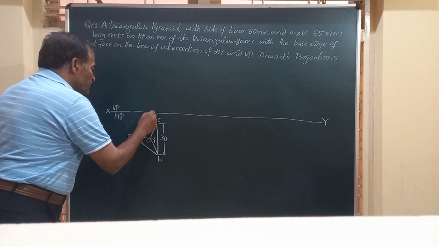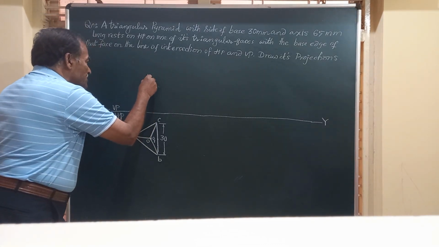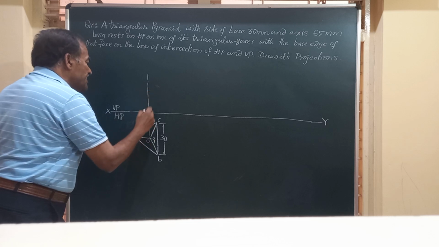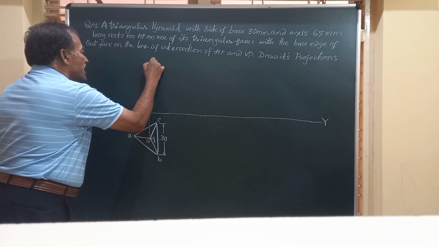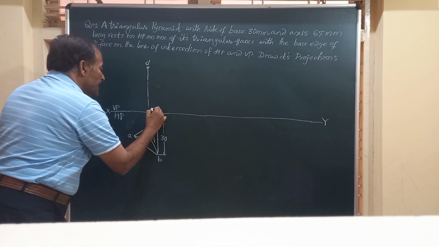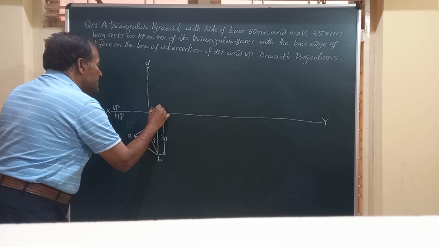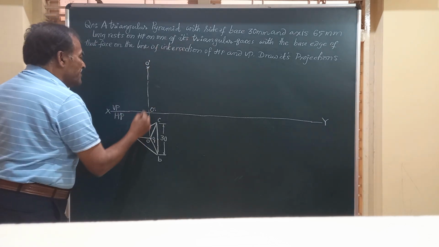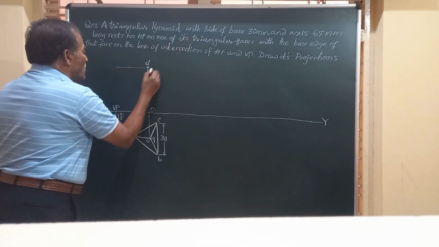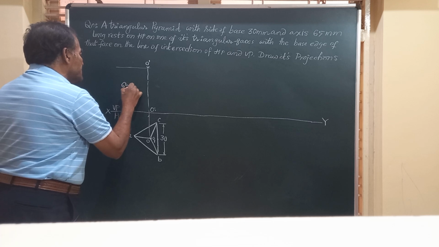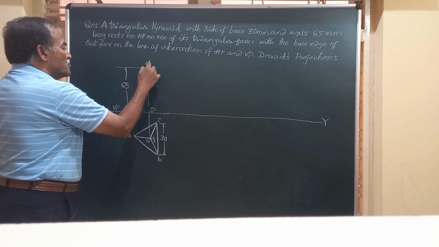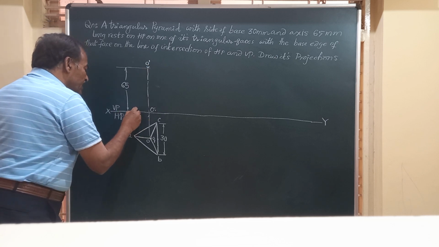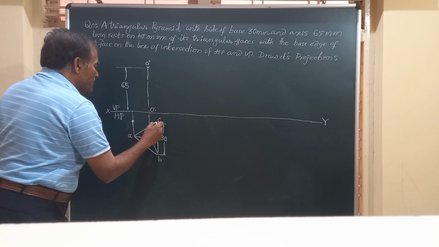Now friends, we will draw a vertical line through this center and obtain the height, that is O dash, O1 dash, the height of the solid, which is given to be equal to 65 millimeters. So I mark the height, 65 millimeters, and join this vertex O to the points A, B and C obtained on the XY line.